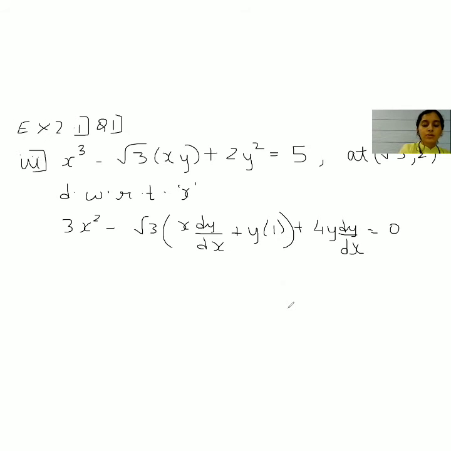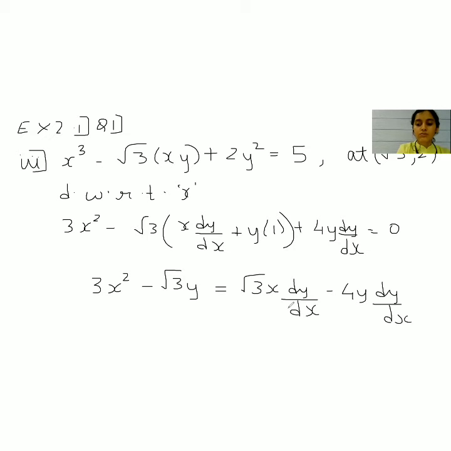We take all the dy by dx terms to the right side. So 3x square minus root 3y is left here, equal to root 3x dy by dx minus 4y dy by dx.